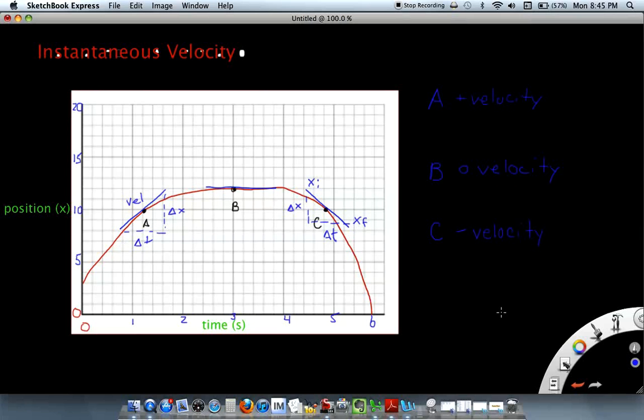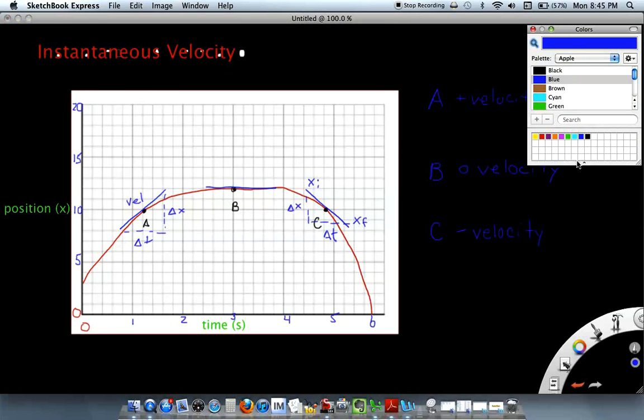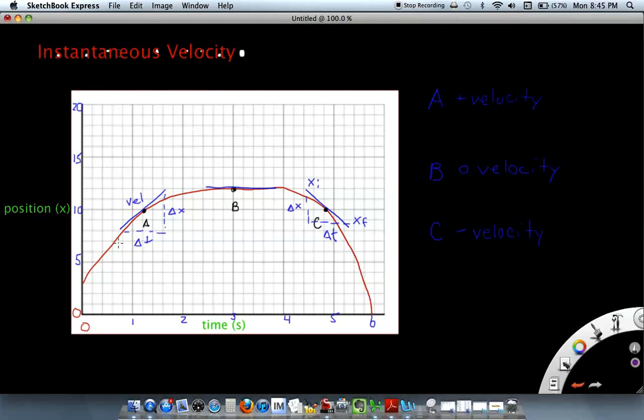Another question comes up, and I'm just going to pick a different color. Let's go purple. What is the average velocity from point A to point C? And if I draw the slope from point A to point C, let's just think about this for a minute.